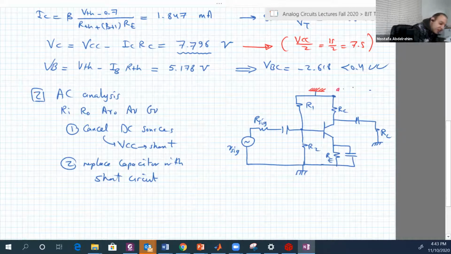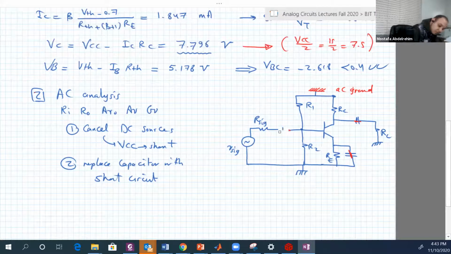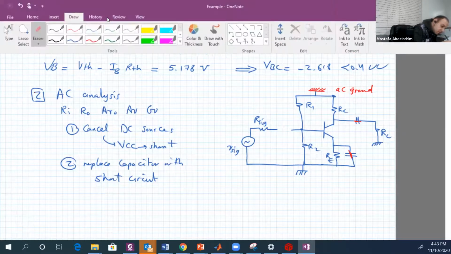This is called AC ground, by the way, because it's a virtual ground, just created in the model. Then we shorted all the capacitors. So short this and this. Okay, let's remove that one now.